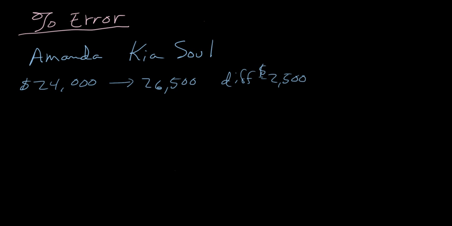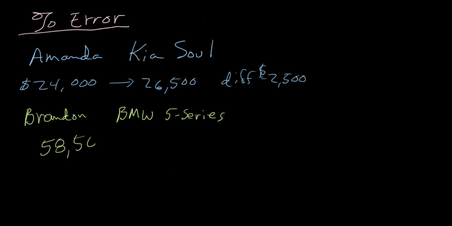Next we have Brandon. Now Brandon has higher, more expensive tastes. Brandon says he wants a BMW 5 Series, like a 535 or 540 or whatever it is. The one he figured out he wants, he tells his parents it's about $58,500, right?